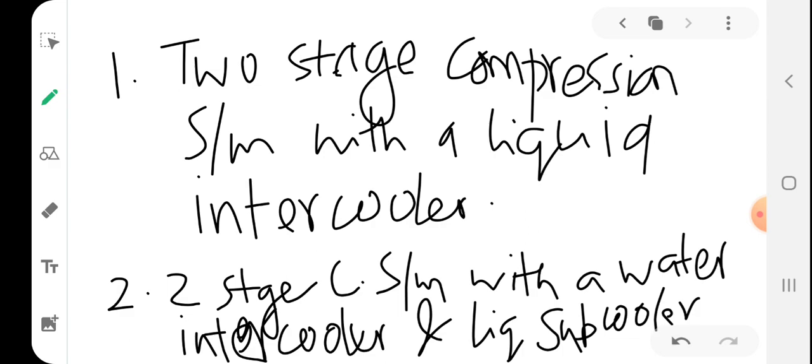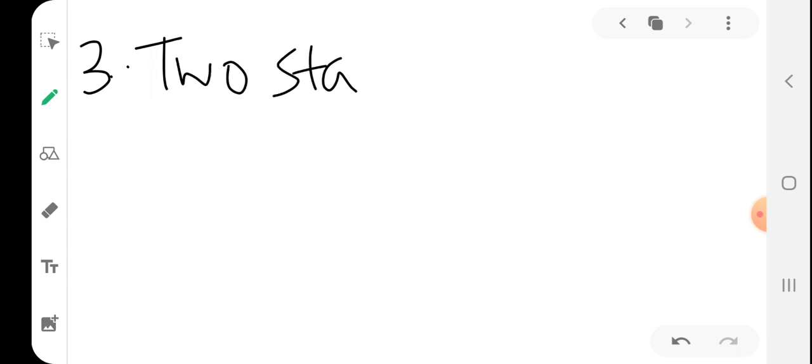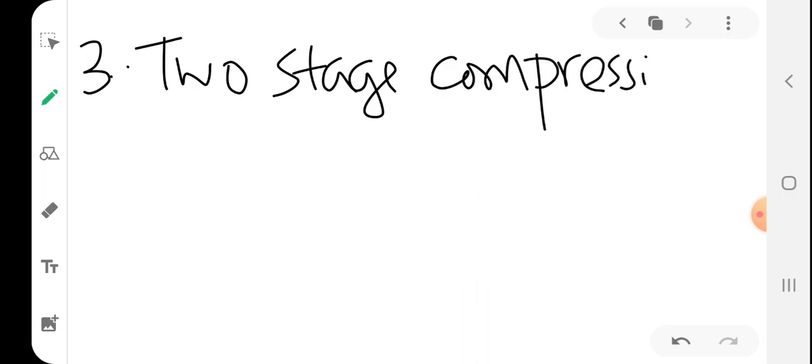So today we are introducing a new device called a flash cooler, a flash chamber. The third one, today we are going to learn a technique called two-stage compression with water intercooler and a flash chamber.